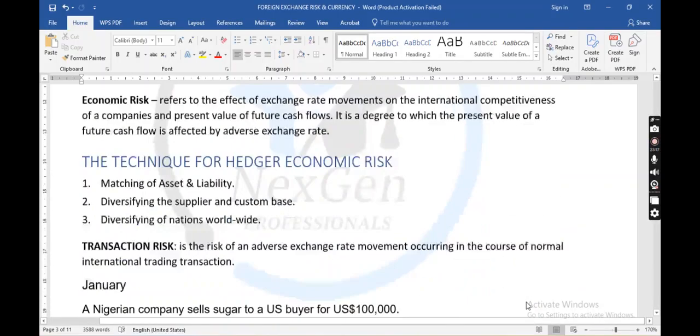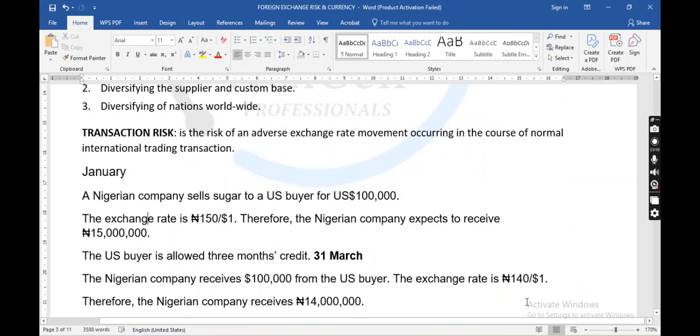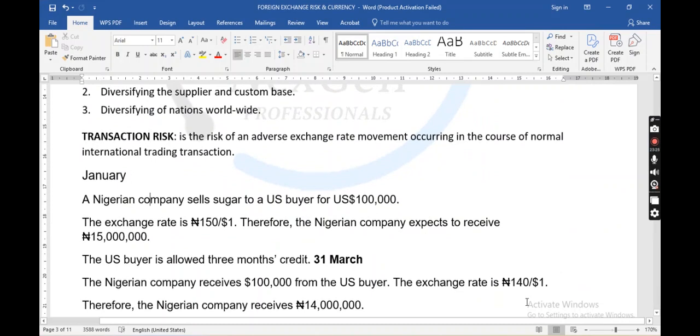Now, the transaction risk. We have transaction risk, the risk involved in trading, whether you are buying or selling.